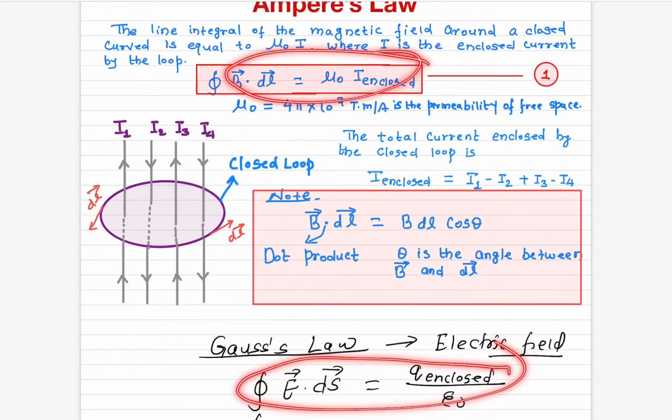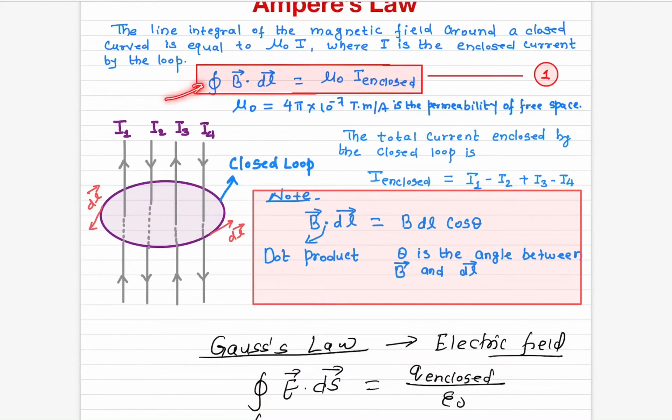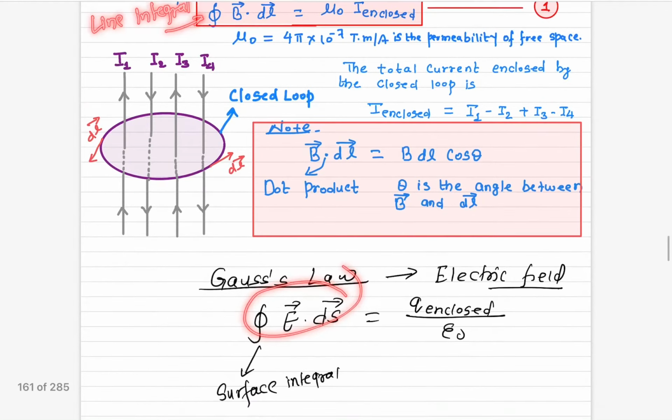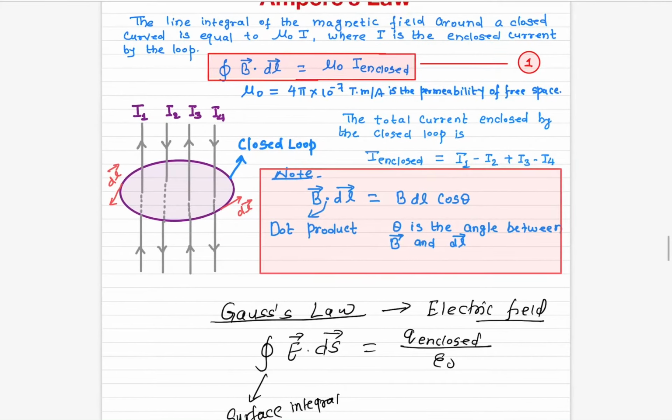The difference is this is the line integral, and this is the surface integral. Instead of epsilon naught we have mu naught, but look at the ratio. This is multiplication and this is division, and here we have I enclosed, and there we have Q enclosed.